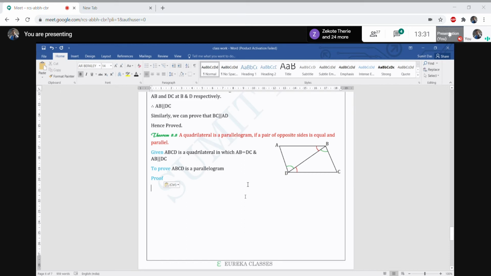So here we need one construction. Before that we'll write construction. What construction? Just very simple. Join diagonal BD. Join BD.